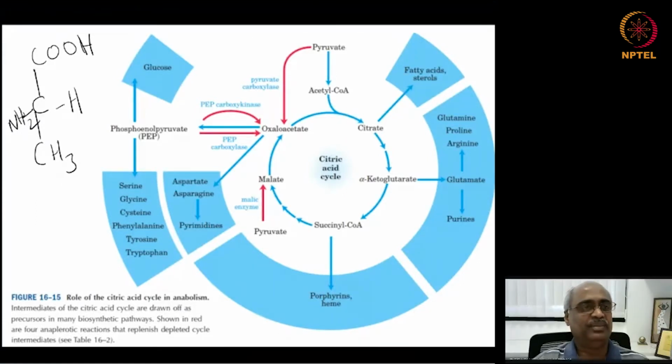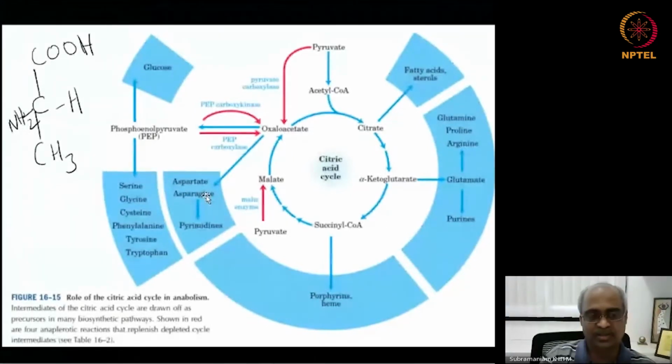And by a very similar logic, oxaloacetate here can become aspartate. And if an amide bond forms and an ammonia group is attached, then it becomes asparagine.